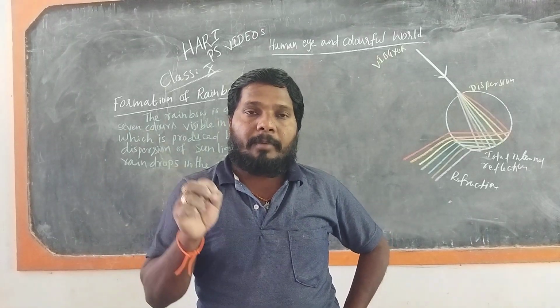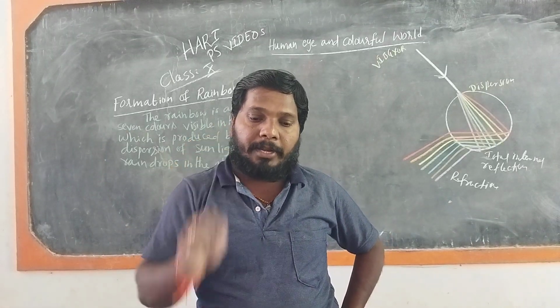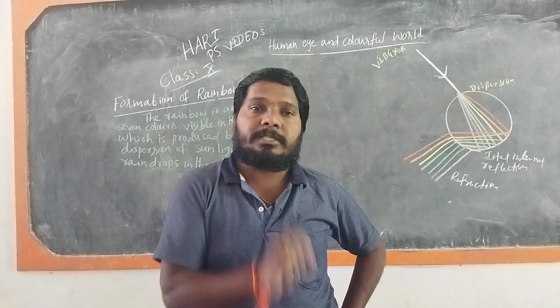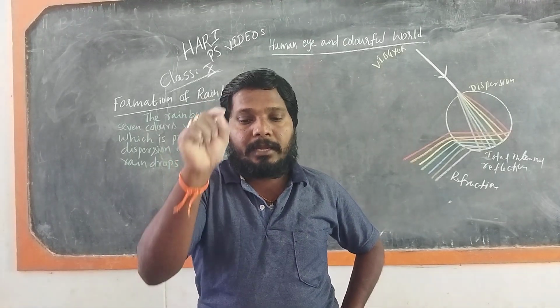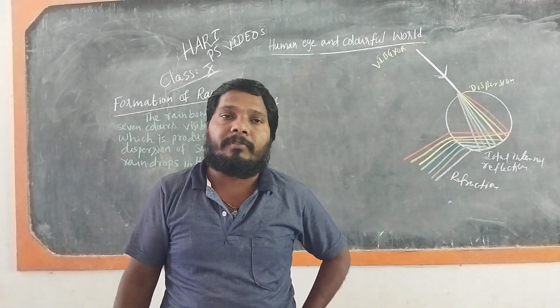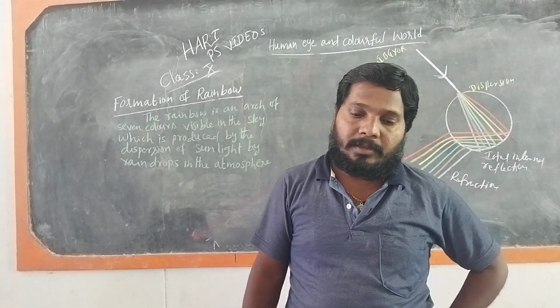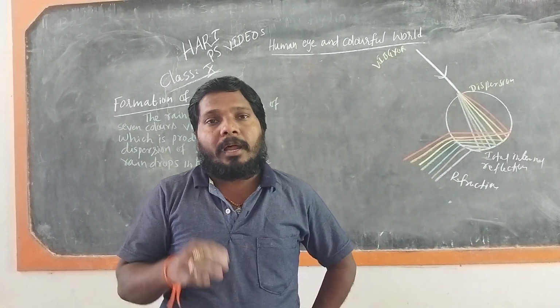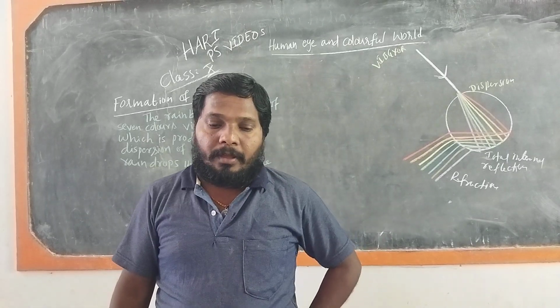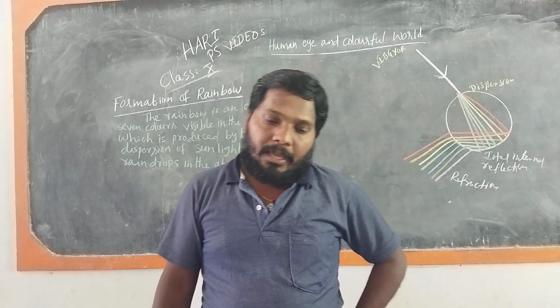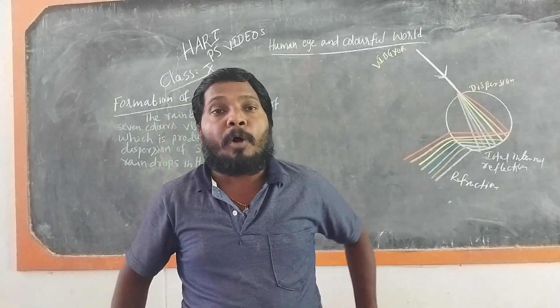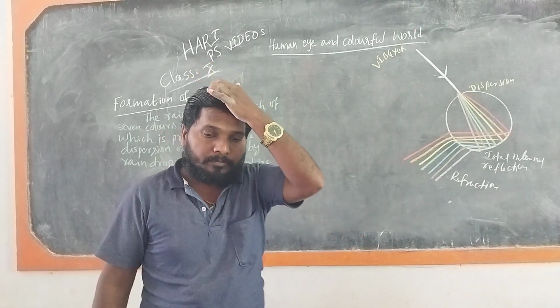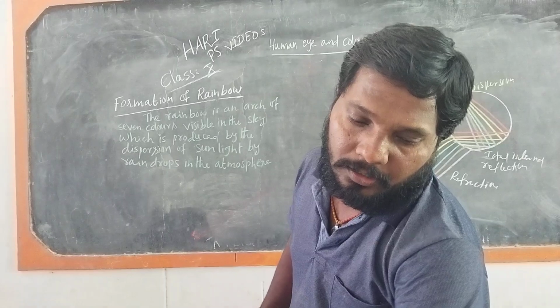So the formation of the 7 colored rainbow in the sky shows that the white sunlight consists of a mixture of 7 colored light. We can also see a rainbow on a sunny day if we look at a spray of water from a fountain.